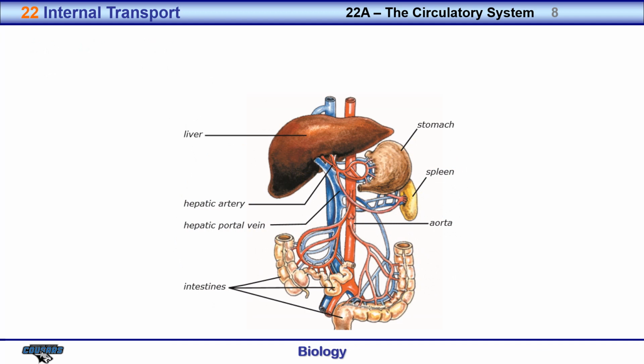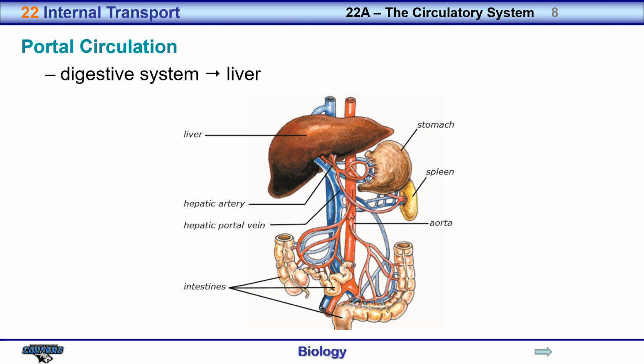The final circulation pathway that's part of the systemic one is called the portal circulation. And the portal circulation is one where the blood's going to flow through the liver and then to the inferior vena cava.